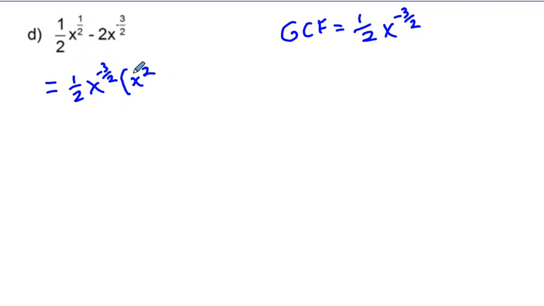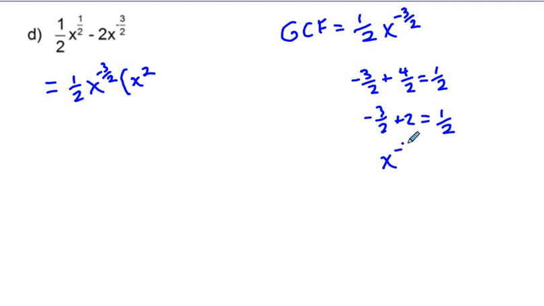Now, I hope you can see that, because negative 3/2 plus 4/2 equals 1/2. And so negative 3/2 plus 2 equals 1/2. And so therefore x to the negative 3/2 times x squared is equal to x to the 1/2 power.